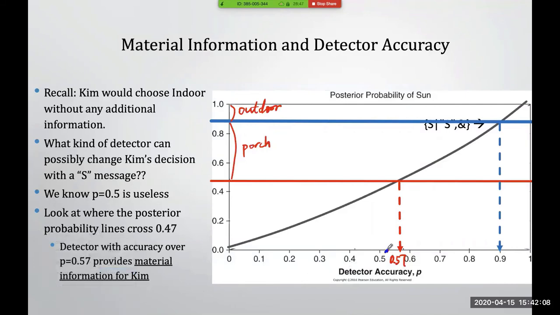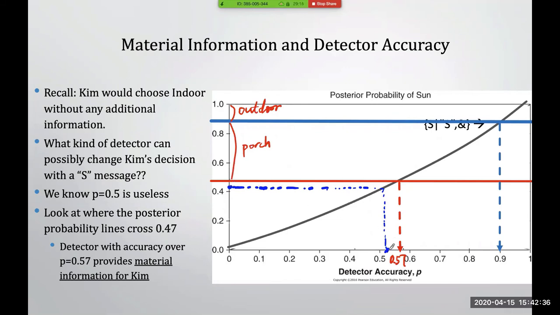If a rain detector has an accuracy like 0.52, then when that detector tells Kim that the day is going to be sunny, then that corresponds to a posterior belief that is roughly between 0.4 and 0.47.